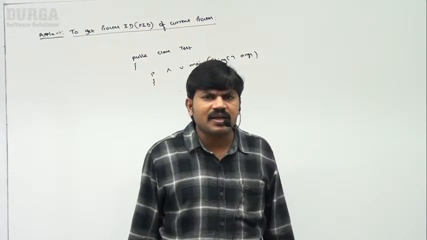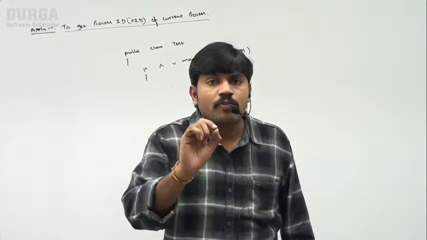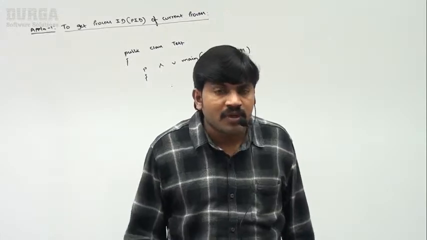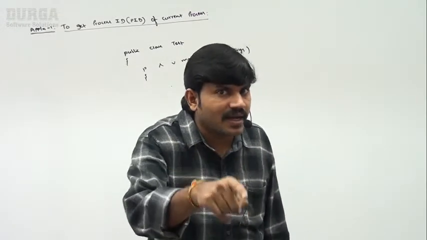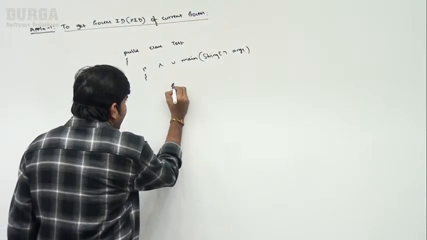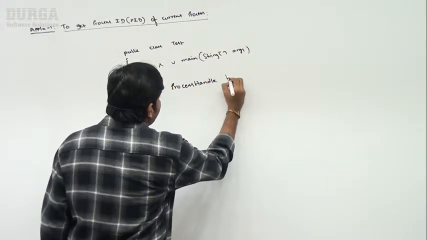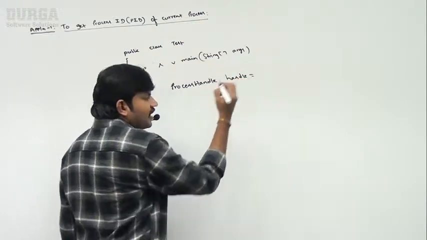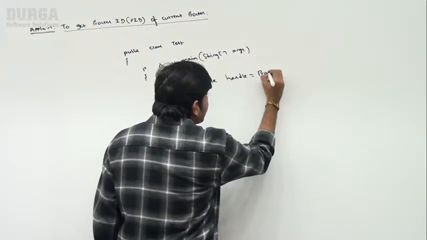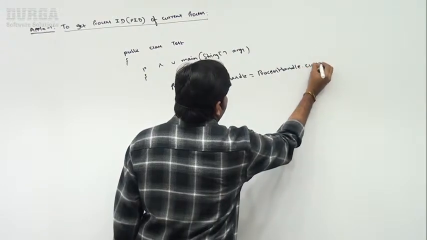Can you please guide how to get the current running process handle, sir? ProcessHandle handle is equal to ProcessHandle.current. Just now in the last video I explained, right? Observe that. ProcessHandle. Please guide. ProcessHandle handle is equal to ProcessHandle.current.